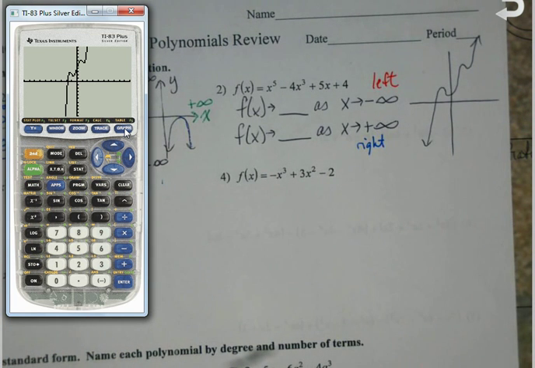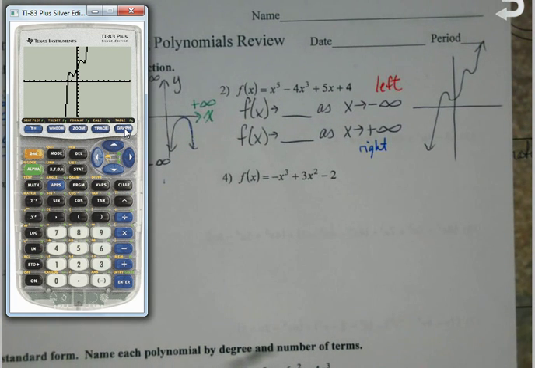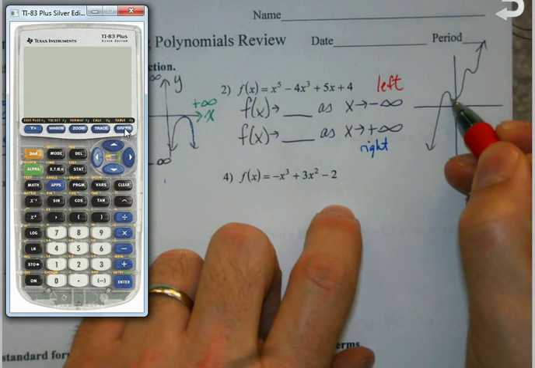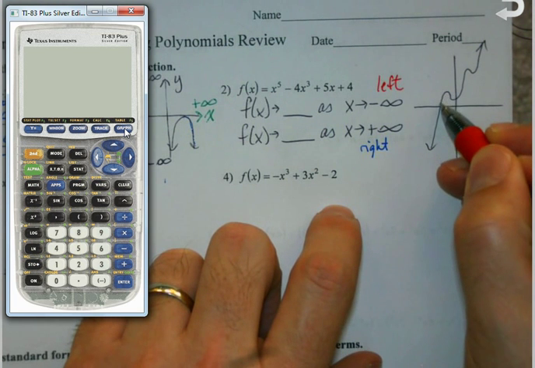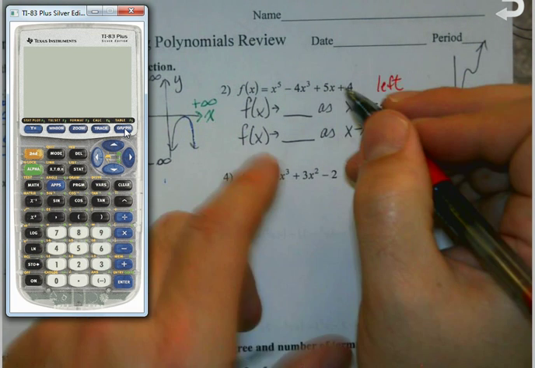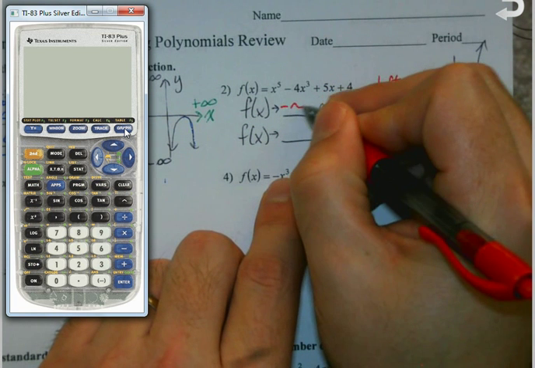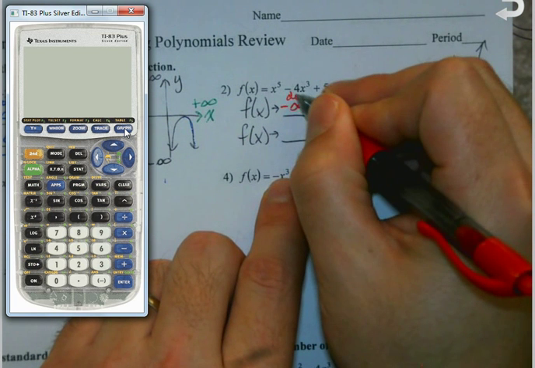And maybe once you do a few of these, you don't have to write left, right, and up and down anymore. It becomes more natural. But here's why I like to literally graph it myself. As x is going to the left, towards the arrow, we're going down, so how do I write that? Negative infinity, because my y value is going down.